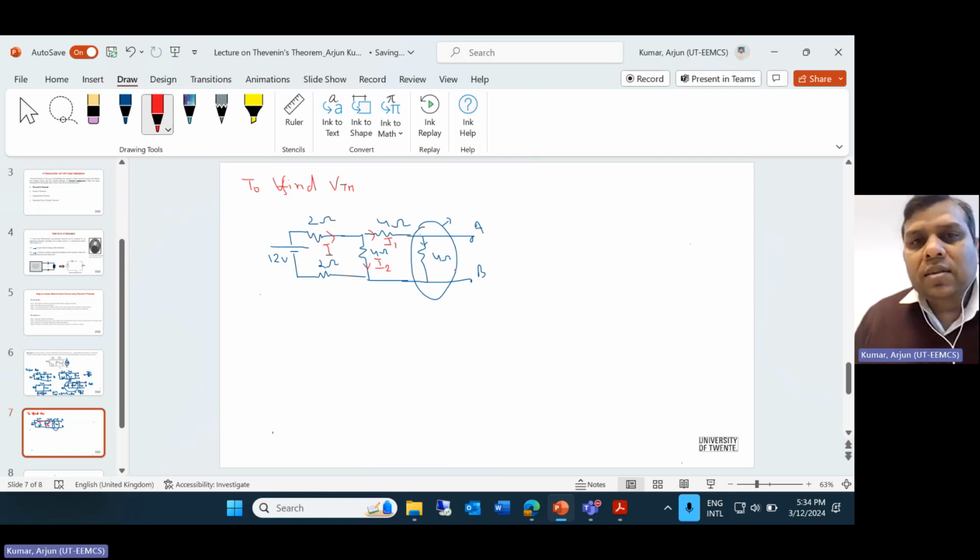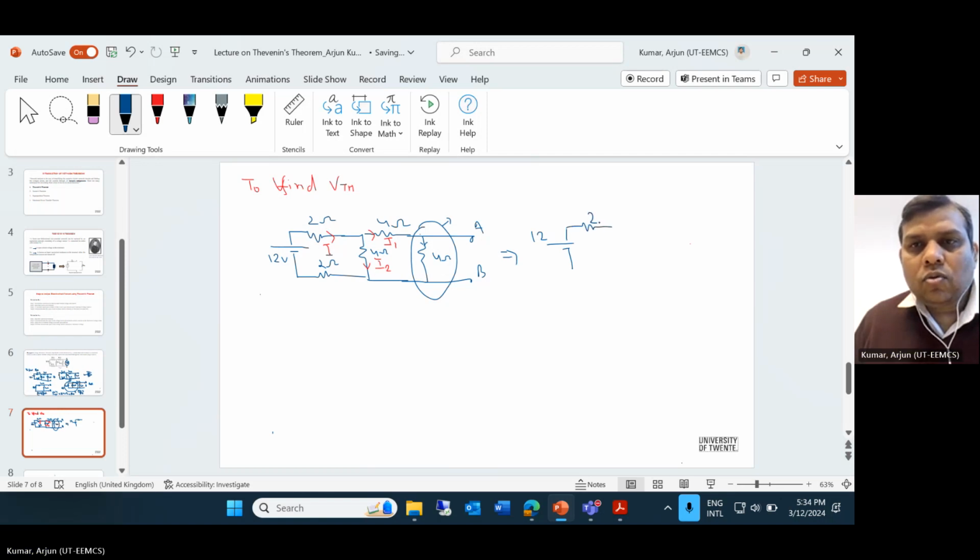Okay, to simplify this circuit, we can write this circuit like this. We have this 12 volt, and this is 2 ohm. If you see here, this I1 current is not going to terminal A because it's an open terminal, right?